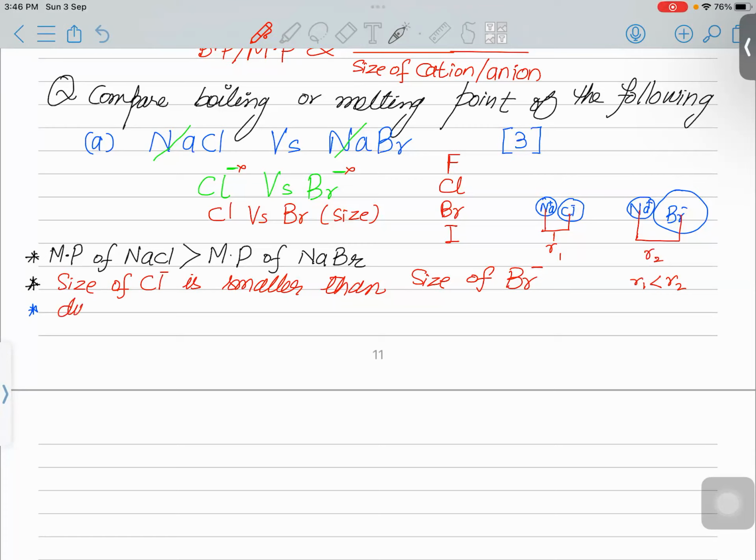So the next point is, the distance between Na positive and Cl negative is smaller than between Na positive and Br negative.